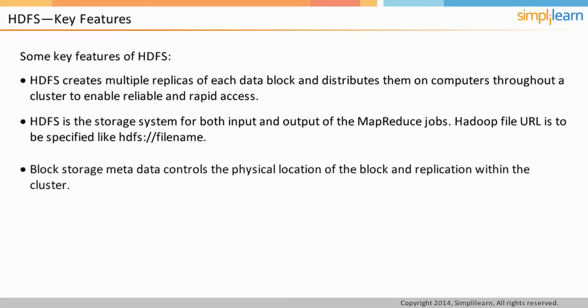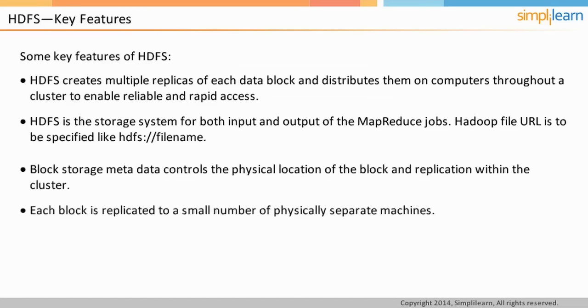Block storage metadata controls the physical location of a block and its replication within the cluster. Each block is replicated to a small number of physically separate machines, for example, 3 machines. However, the count can be modified by the administrator. In the next screen, we will discuss HDFS Architecture view.